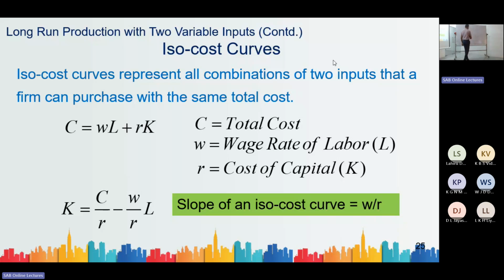So the isocost curve for this information is K equals 10 minus 0.5 L.